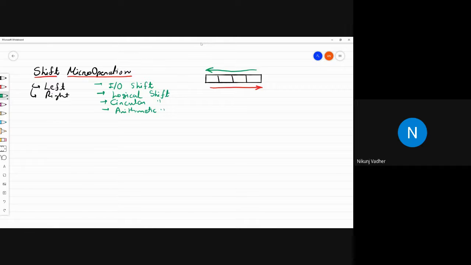Okay, then in all of these, we will have left shift and right shift.